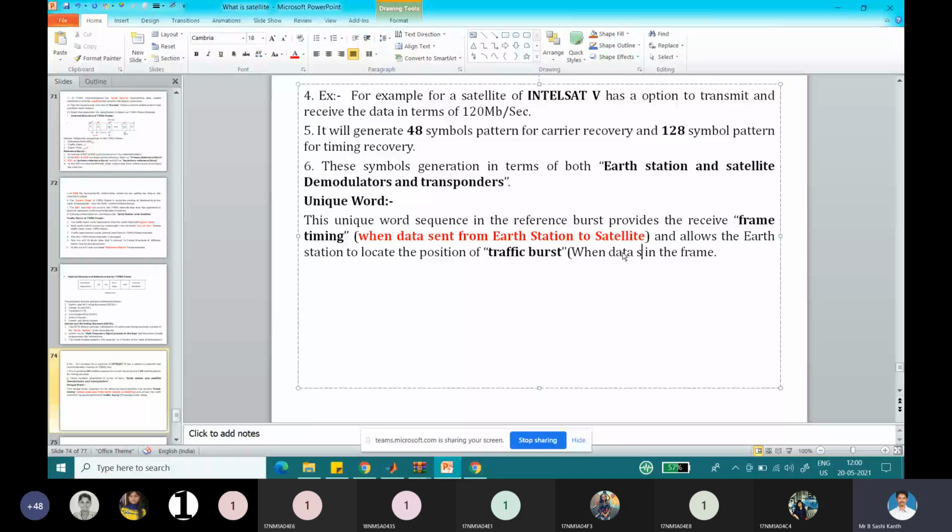Two things are happening in the unique word. Don't forget that.